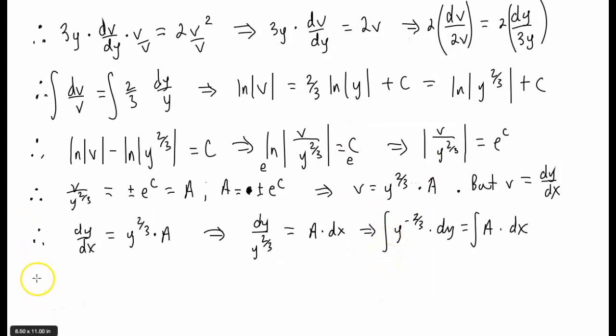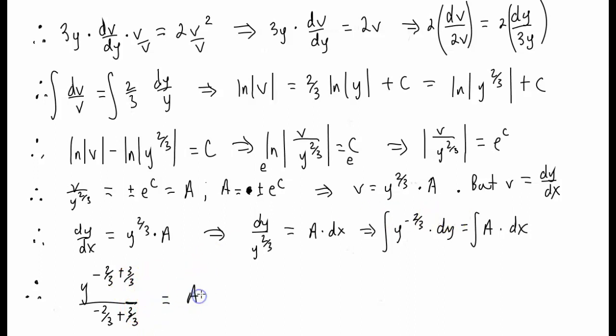So let's go ahead and finish up here. So if I do the antiderivative of y raised to the negative 2/3 dy, I'm going to write it out the long way just to make sure I don't mess up anything, because sometimes I do mess up on these things with the fractions whenever I don't write it out.